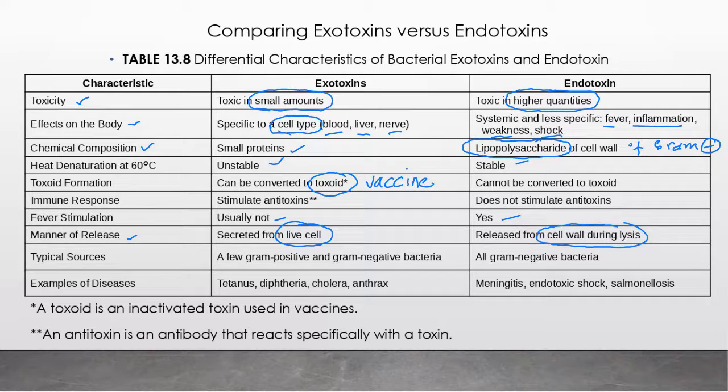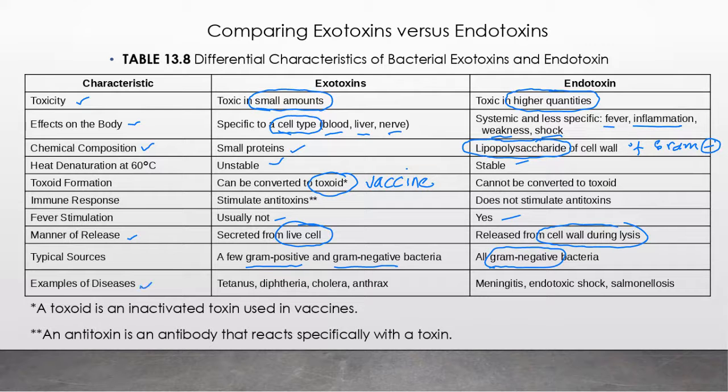Lyse means destroy or cut. So endotoxin is only produced by dead gram-negative bacteria. And the typical source, again, for the exotoxin is gram-positive and also gram-negative bacteria. Endotoxin is only produced by gram-negative bacteria.